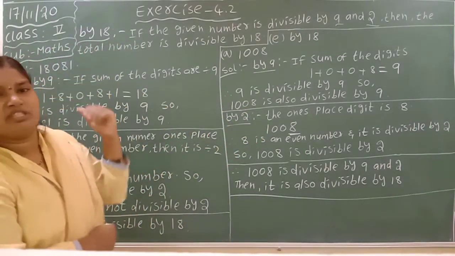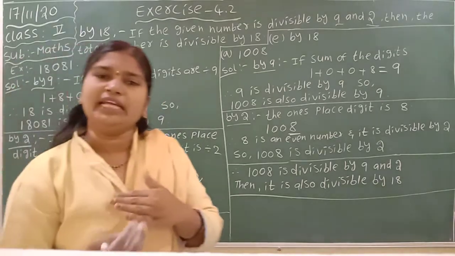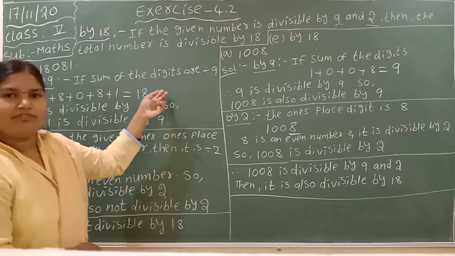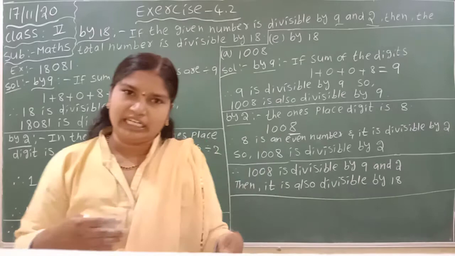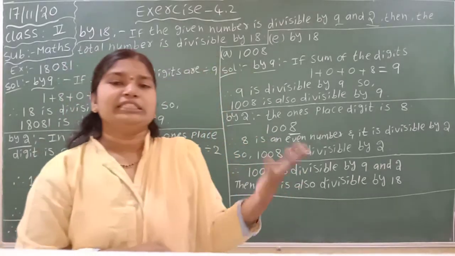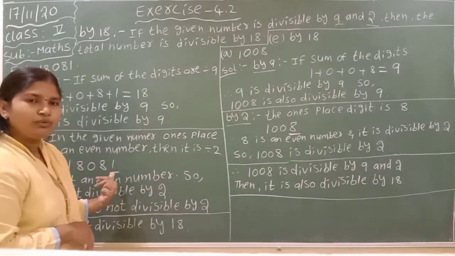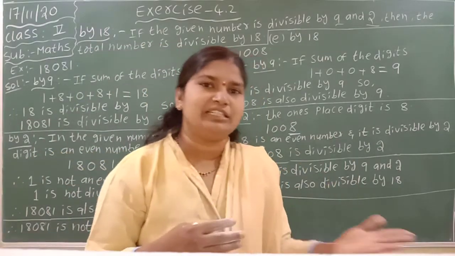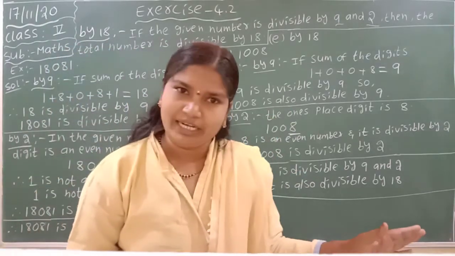What do you mean by divisibility by 9? You have to do addition and check. The answer you get, if you find that number in the 9 table, it is divisible by 9. After that, check the divisibility by 2 rule. What is the divisibility by 2 rule? The last digit, the ones place digit, should compulsorily be an even number.